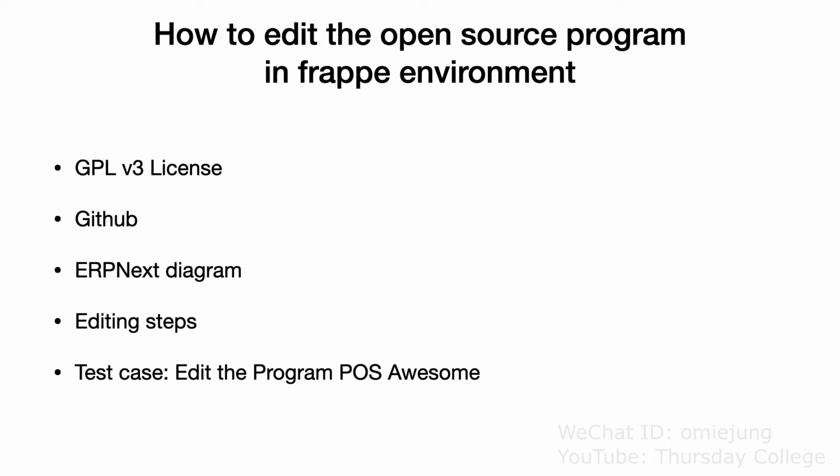And for the test case today, we're gonna edit the program POS Awesome. That is a very good program from Mr. Yousef, who wrote the open source program. So we're gonna use this to edit in our test case today.